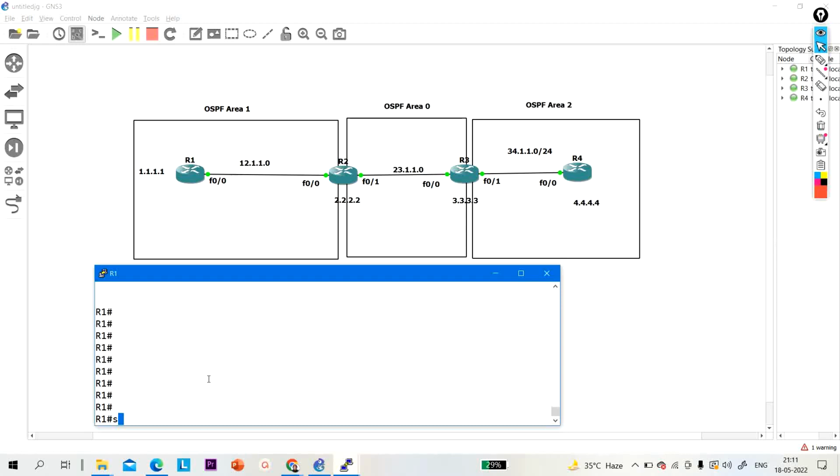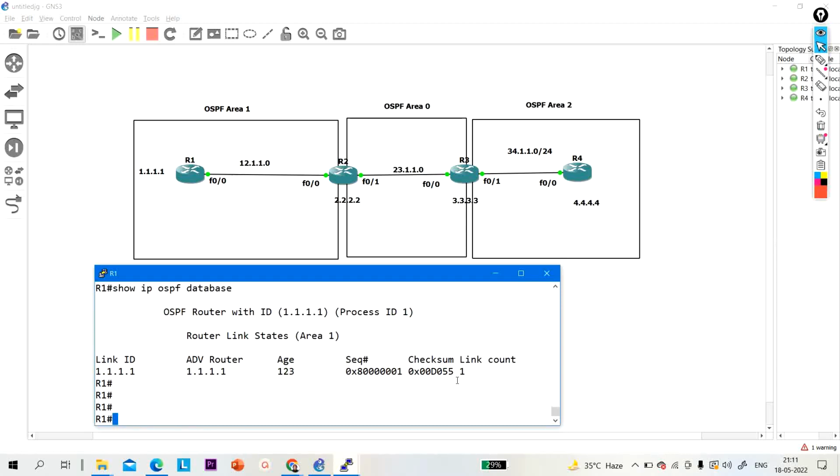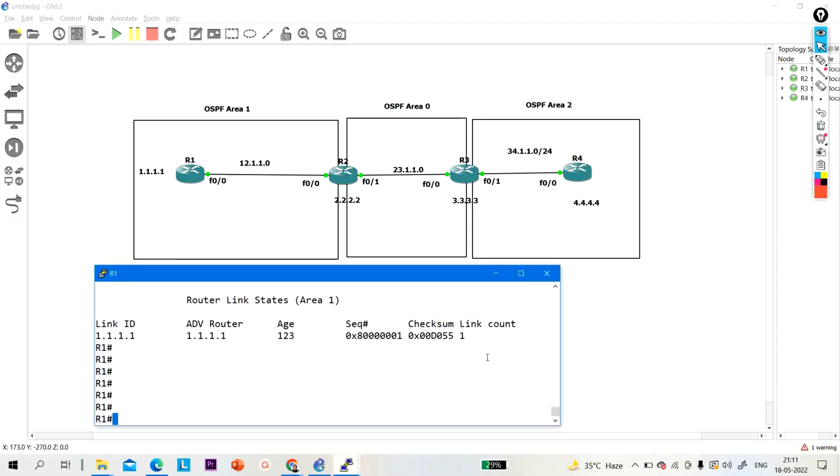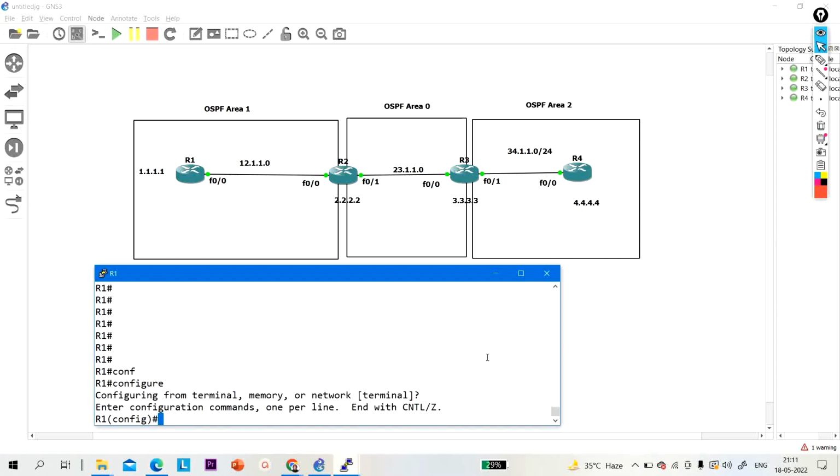Okay, so why is there information of only one link? Why? There are two links. Have you advertised 12.1.1.1? I have advertised only the loopback interface till now, right? Let me advertise the physical interface as well.